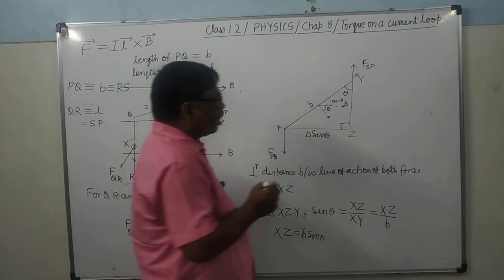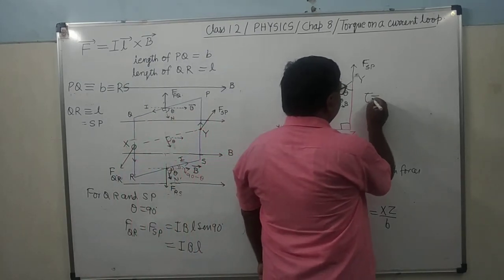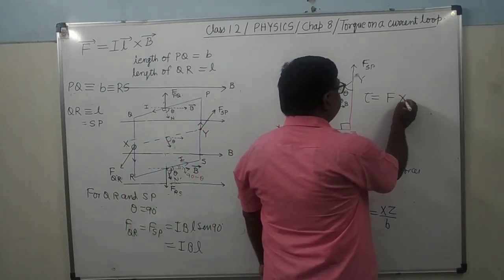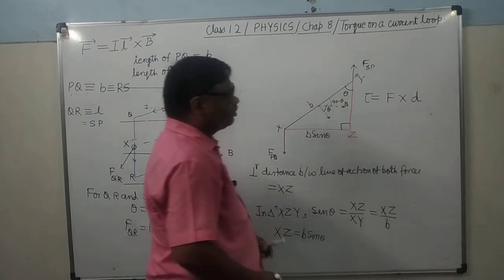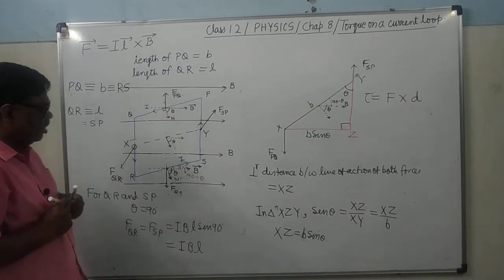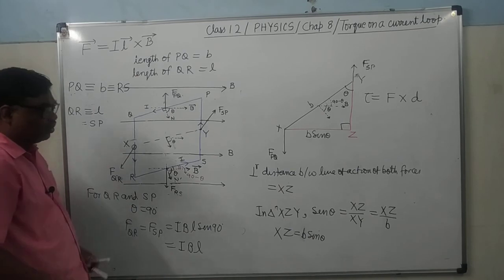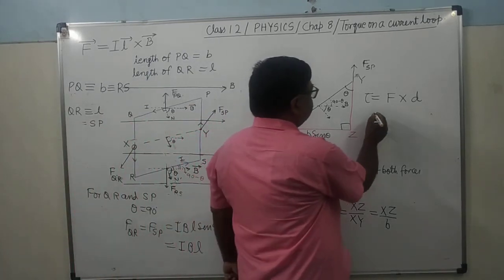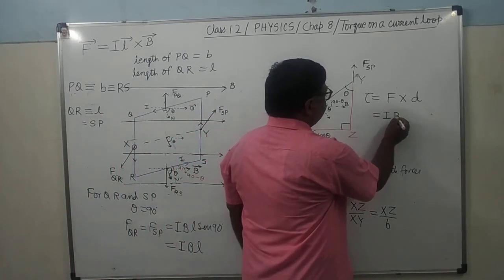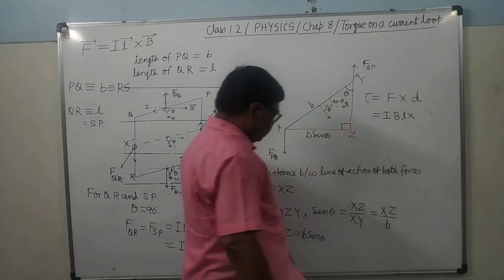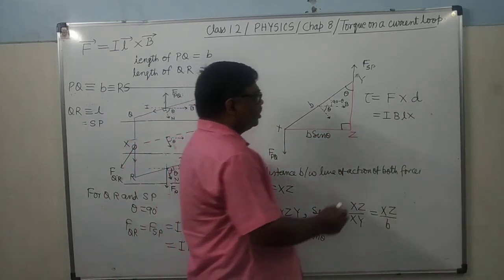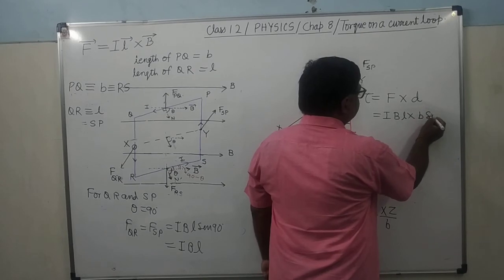So what will be the torque? As we know, torque is equal to one of the forces multiplied by the perpendicular distance between their lines of action. One of the forces is I into B into L. And the perpendicular distance is b sine theta.